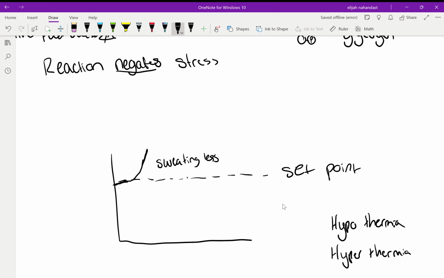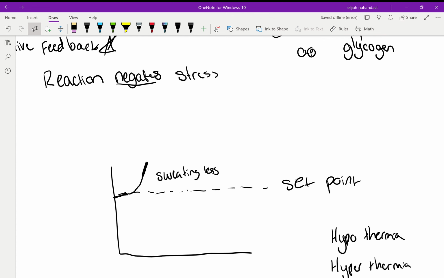Let's say we get to the point where the body's like, hey, we're in trouble. When the body starts to get in trouble, it starts to vasoconstrict. So our vessels are going to constrict and start shunting blood towards the middle of the body.